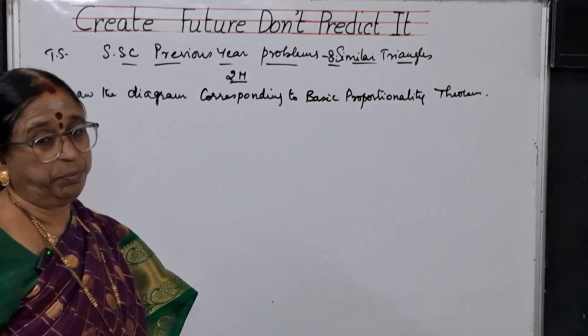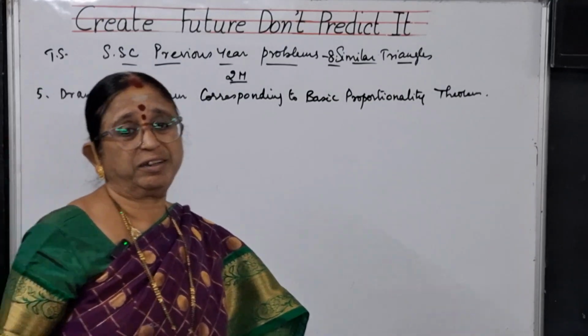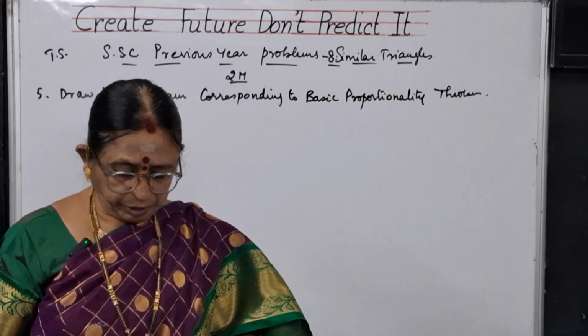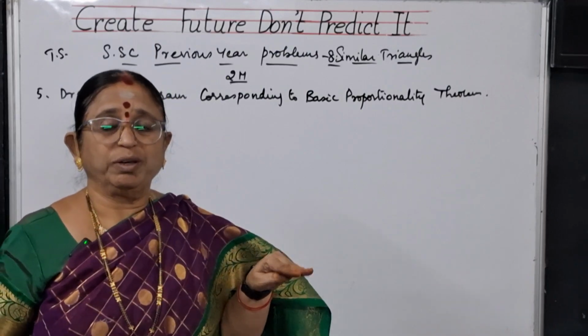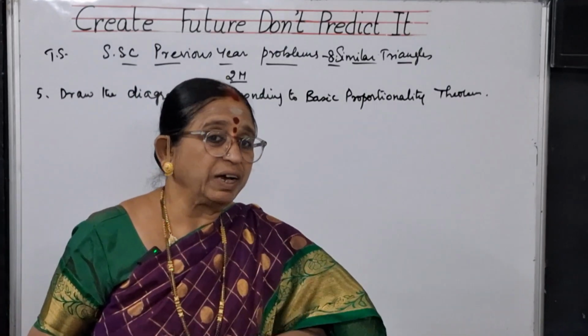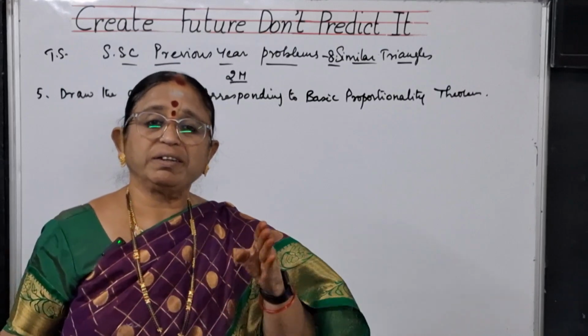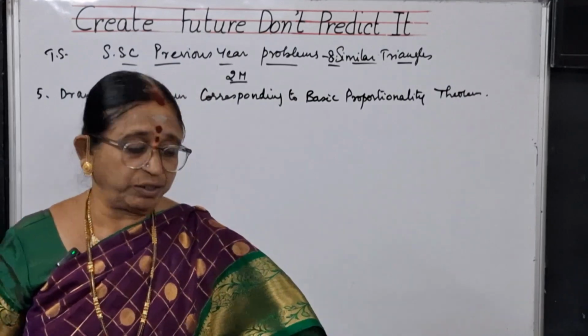This is also called BPT, also called Thales theorem. So what does BPT say? It says that if a line is drawn parallel to one side of a triangle, it divides the other two sides in the same ratio.